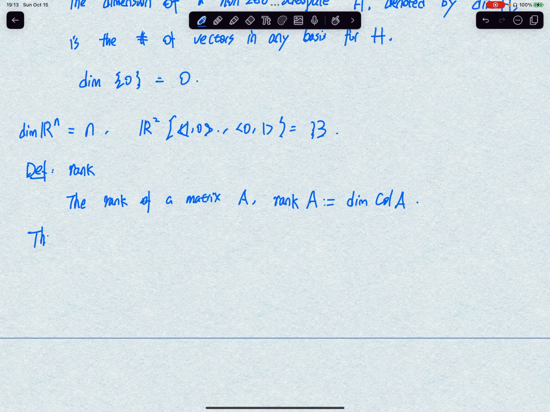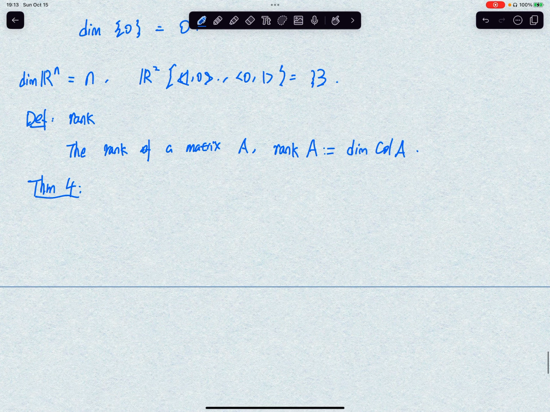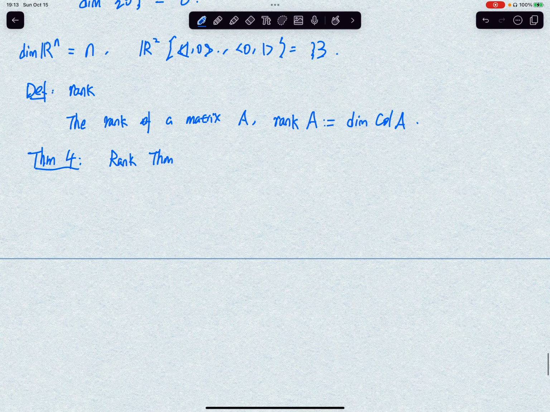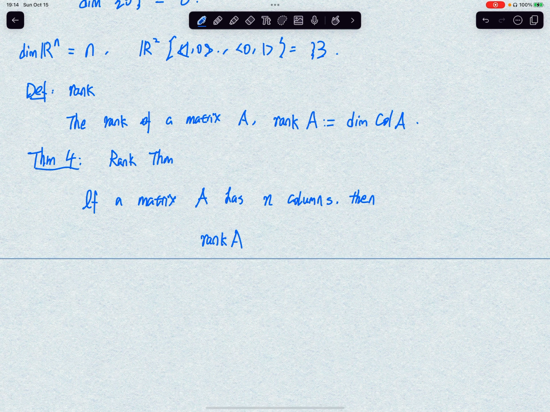And one of the most important theorems is the so-called rank theorem. It states that if a matrix A has n columns, then the rank of A plus the dimension of the null space of A equals n.